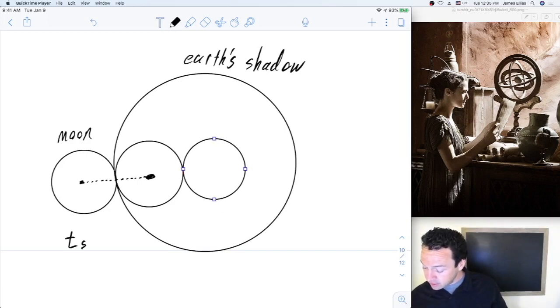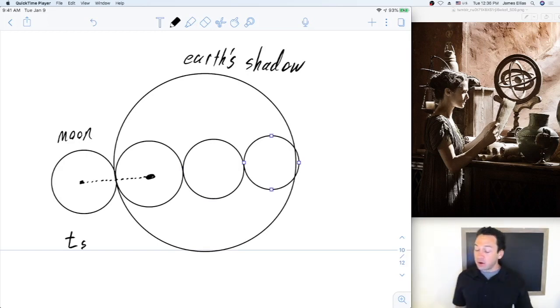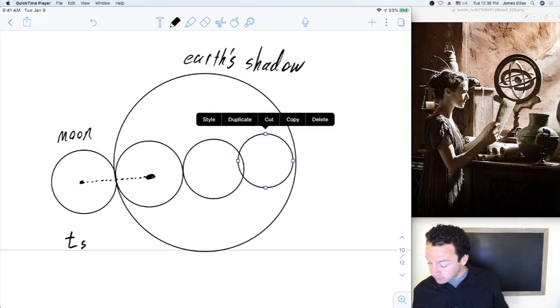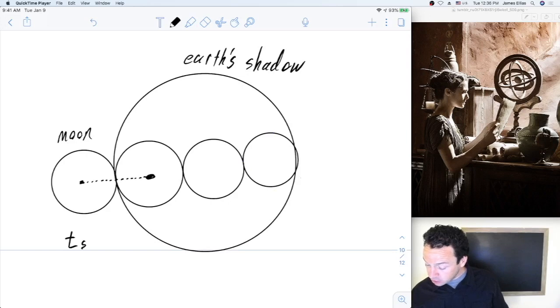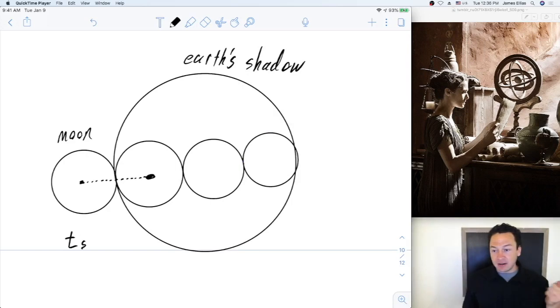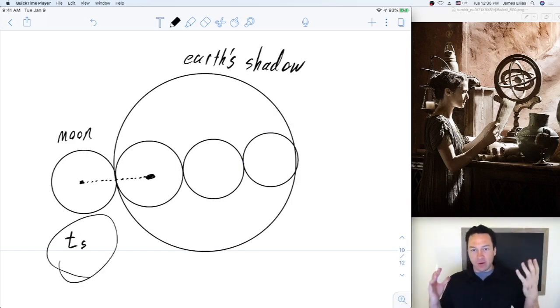During the third hour, it looks like this, and then it starts peeking out from there. As soon as it peeks out, he ends the timer. And what he finds is that it takes 3 TS, 3 hours let's say, for the moon to cross through the Earth's shadow.